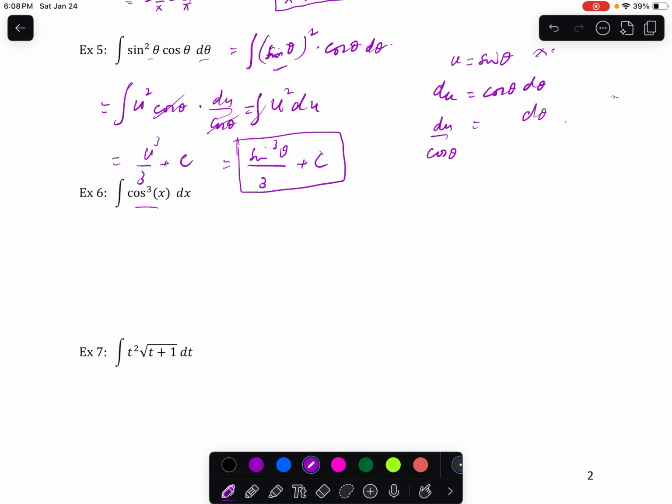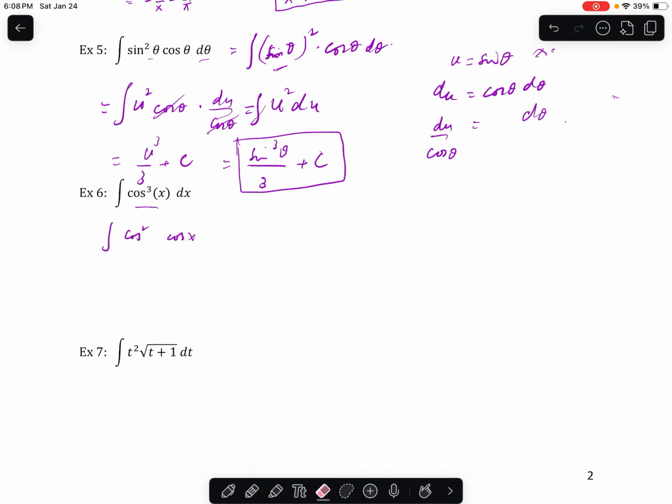I hope someone got this, that we can always write it as cosine square x times cosine x. Let me put them in parentheses so that there is no confusion. We can get a cosine square x times cosine x, that is cosine cube x.